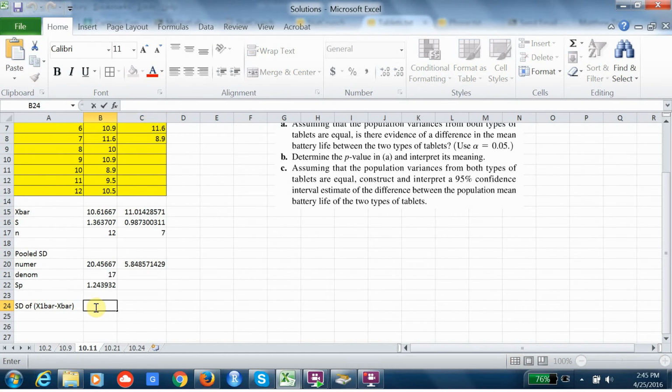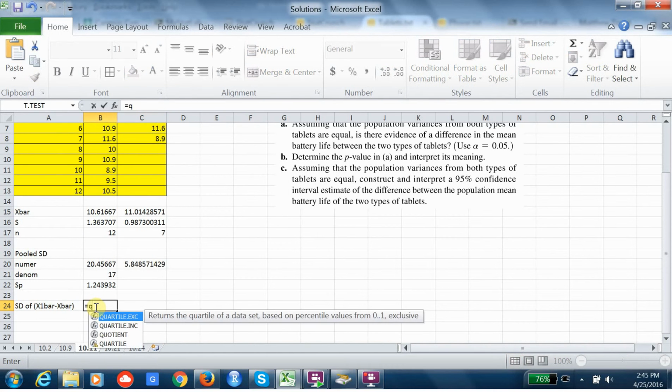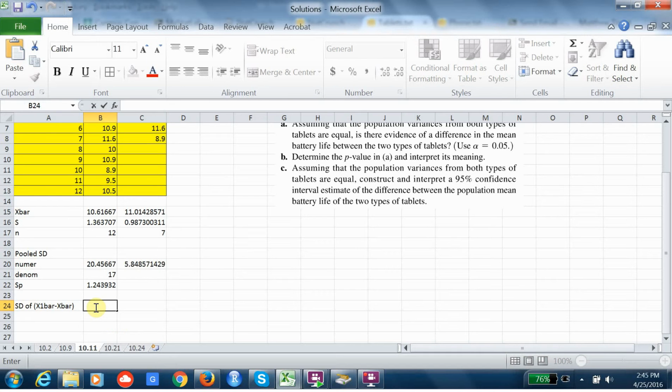And so we remember the formula is equal to the square root of this squared divided by the sample size plus the same number squared divided by the other sample size. Okay. And again, we see that this number is less than each of the standard deviations from the sample, so that's good.